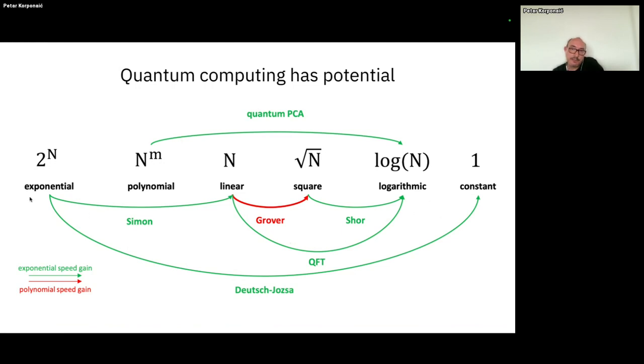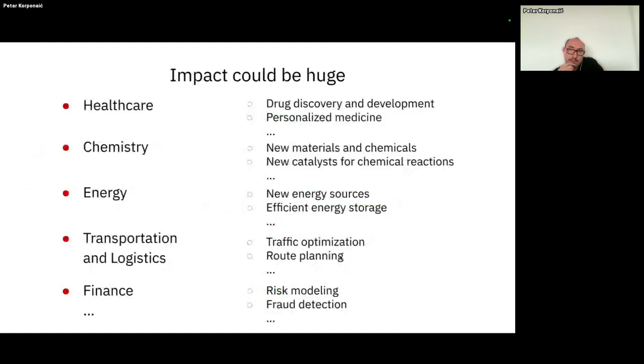So the potential is very high, and because of that high potential, the impact on industry could be huge. This will impact almost every industry.